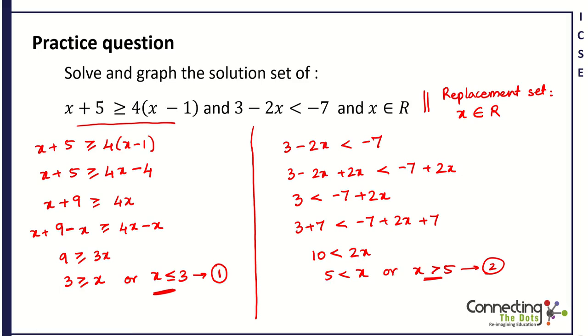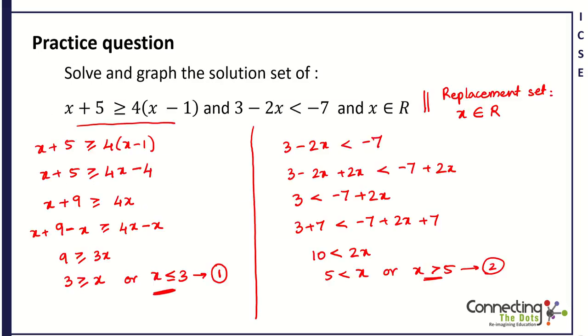There is the first inequation here and the second inequation here. Now you think about what we can come up with. X has to be less than or equal to 3, says the first condition. The second condition says x is greater than 5.